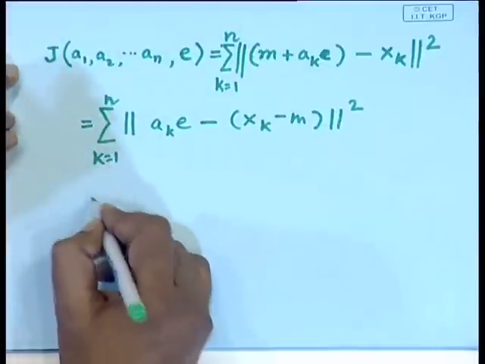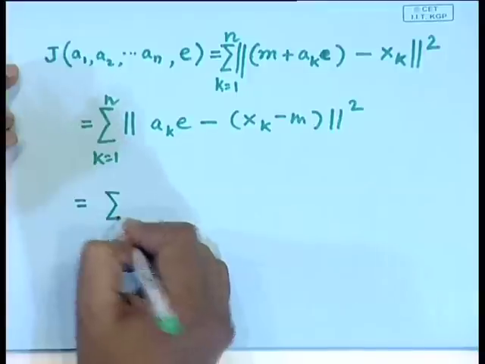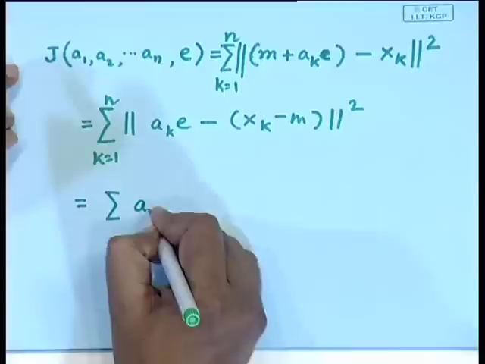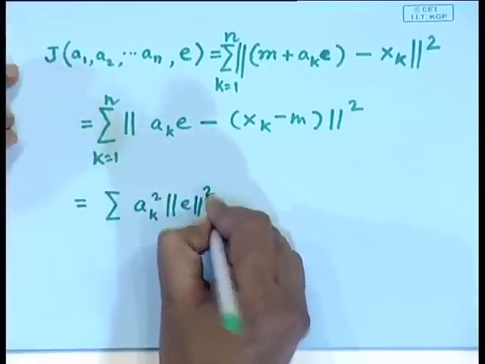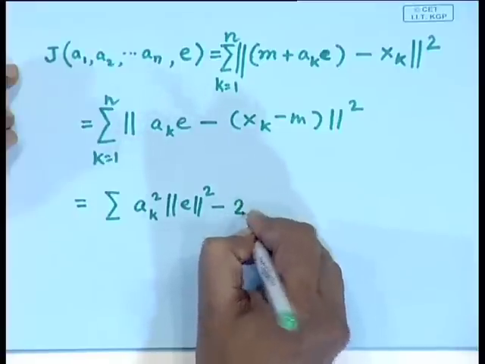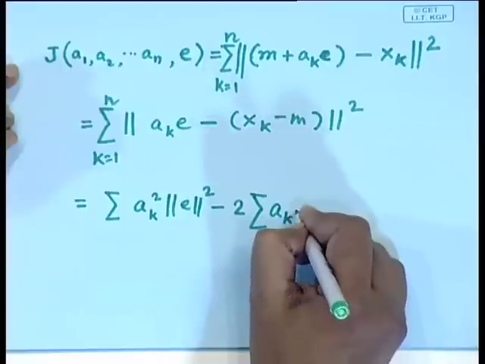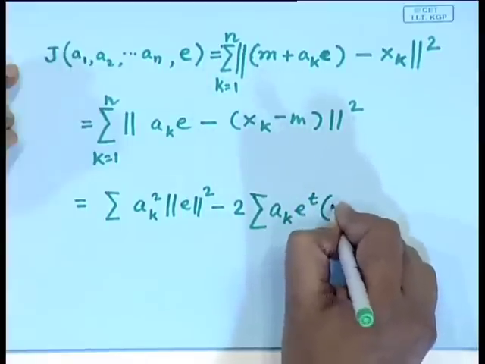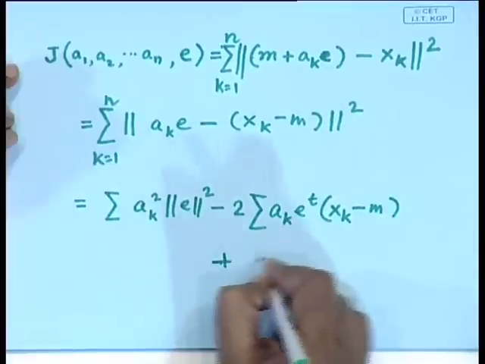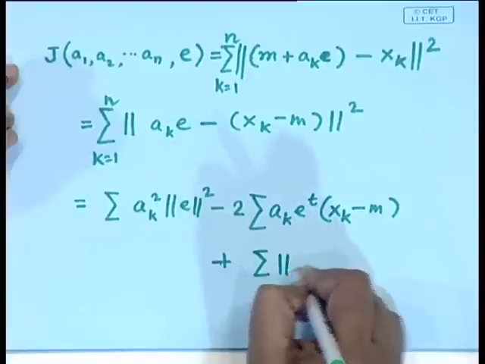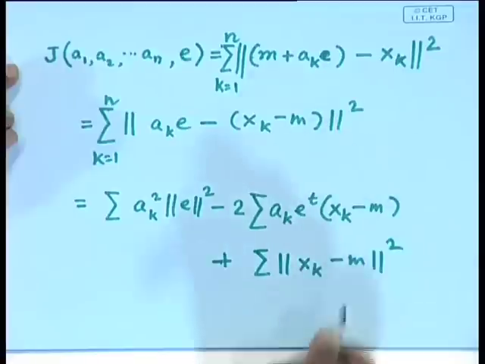If this square I expand, it simply becomes sum of a k square into mod of e square, minus 2 summation a k e transpose into x k minus m, plus sum of x k minus m square.